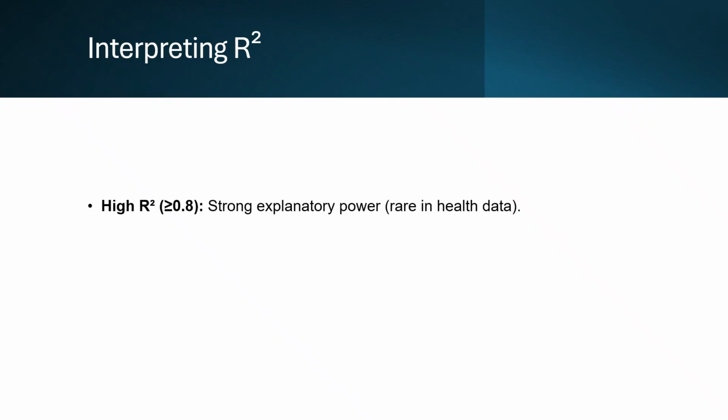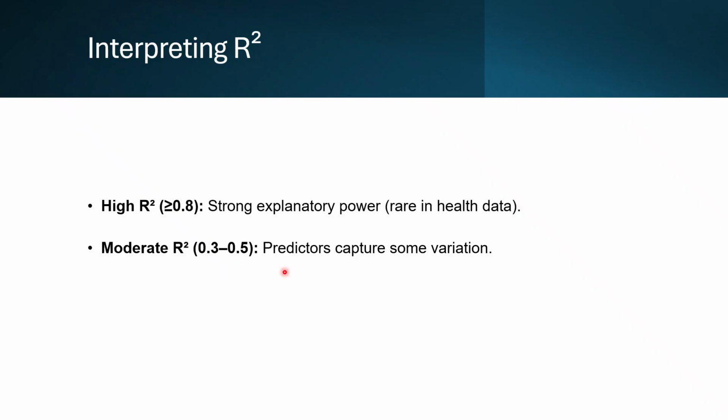A high R square, greater than or equal to 80% or 0.8, indicates strong explanatory power of our model, but it is pretty rare in health data. An R square between 0.3 and 0.5 would fall in the category of moderate R square.